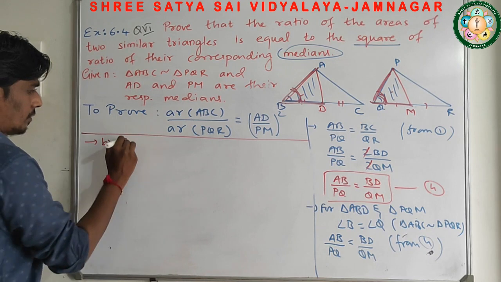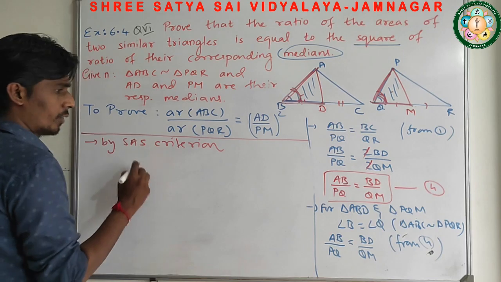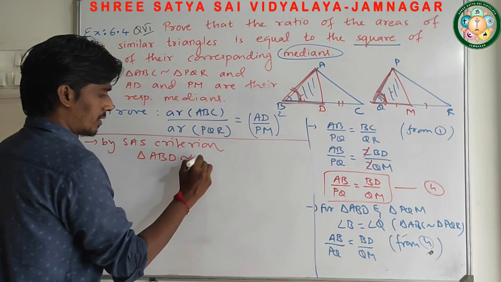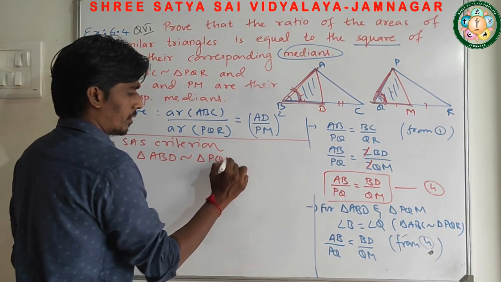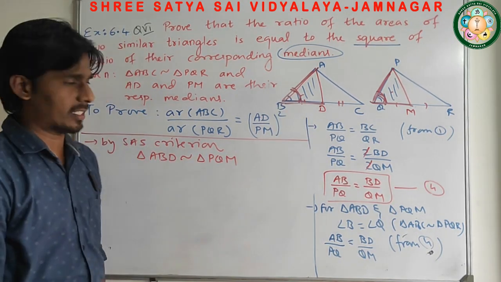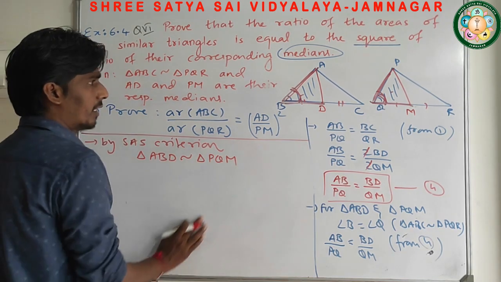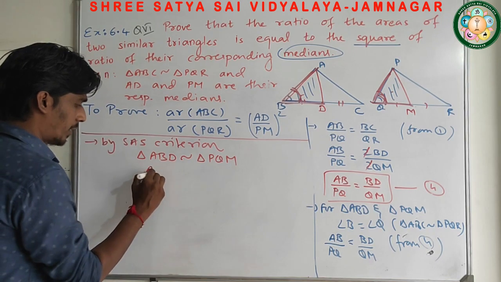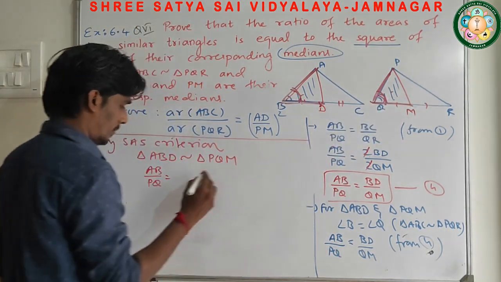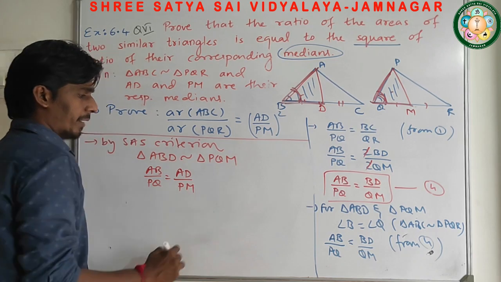So by side angle side criteria, we can say that triangle ABD is similar to triangle PQM by side angle side criteria. Now if these two triangles are similar, we can write, if two triangles are similar, the corresponding ratios are equal. So we can write AB upon PQ is equal to what? AD upon PM.